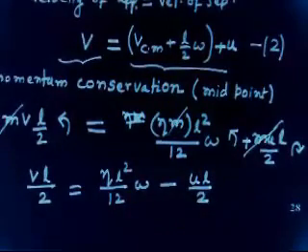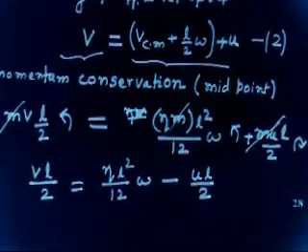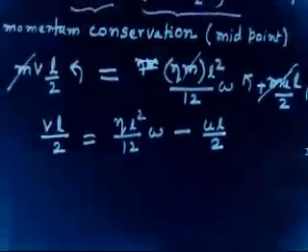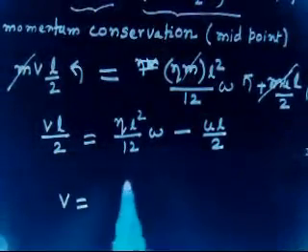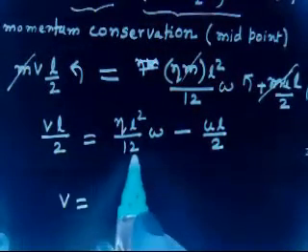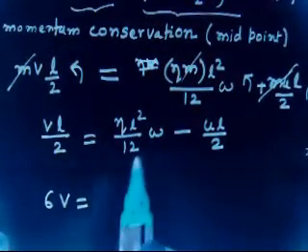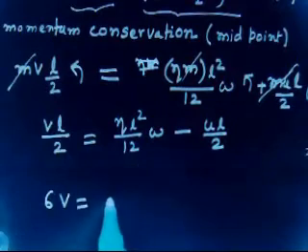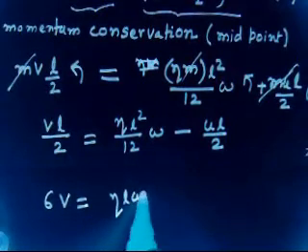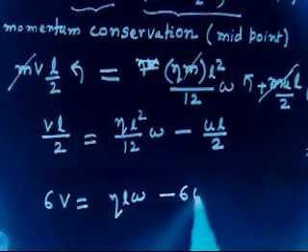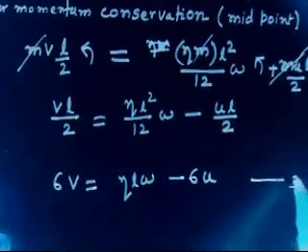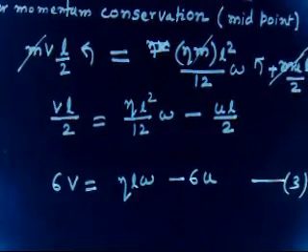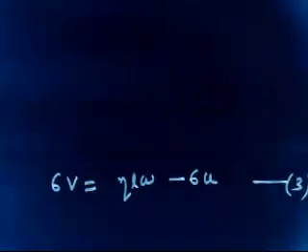If you do some more manipulation, let us cancel this, and multiply by 12, so you will have 6v equals, L goes out, eta L omega minus 6u. So this is the third equation you have. Now we have three equations and 3 unknowns. Now it's one equation solving, so we have to find u and omega.